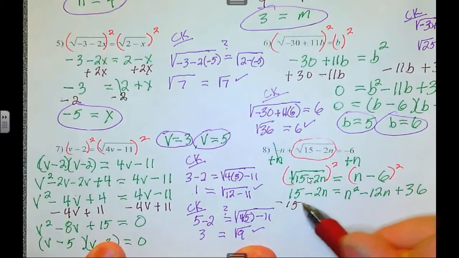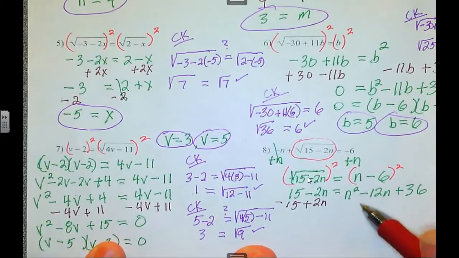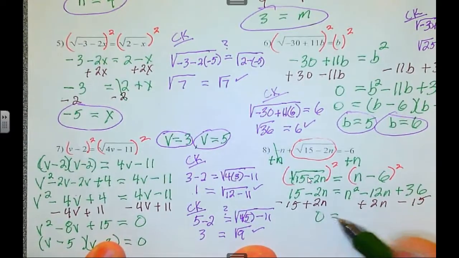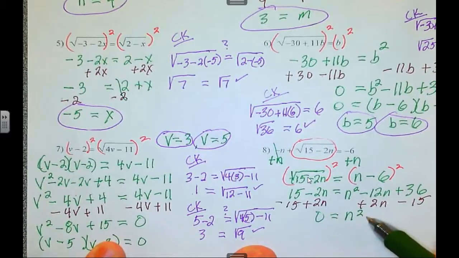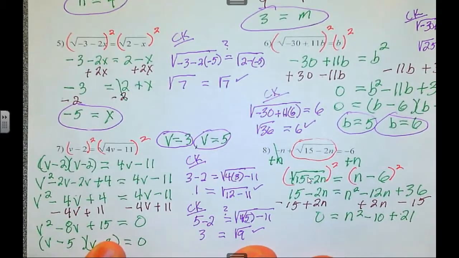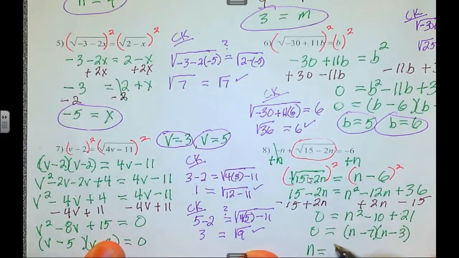Subtract 15, add 2n. So I get 0 equals n squared minus 10n plus 21. Another easy factor one. n minus 7, n minus 3. So n equals 3 and n equals 7.